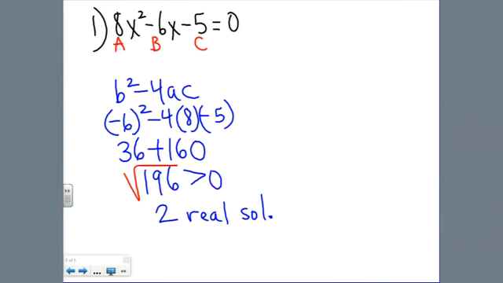If the value of your discriminant is a perfect square, then that lets you know you can actually factor your trinomial. Well, the square root of 196 is equal to 14, so it is a perfect square. So that lets us know we can solve our quadratic equation by simple factoring.